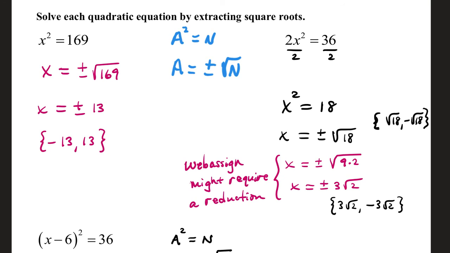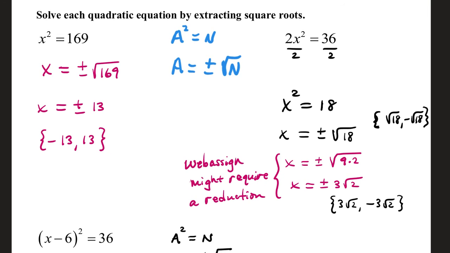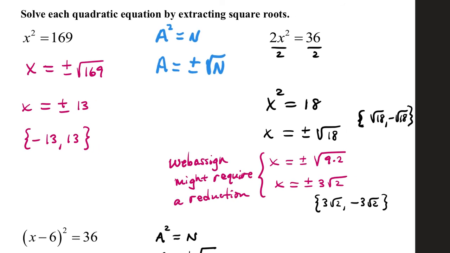In the upper right example, 2x squared equals 36. Let's first divide both sides by 2. That gives us x squared equals 18. Now we have the format, algebra squared equals a number, so x is equal to plus or minus square root of 18.